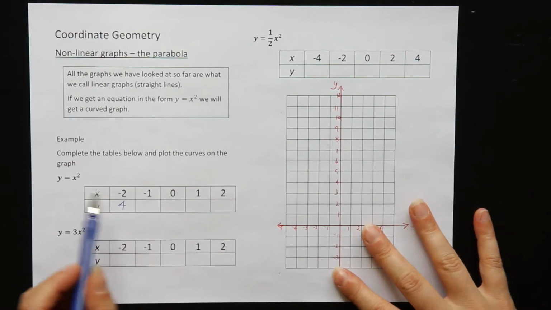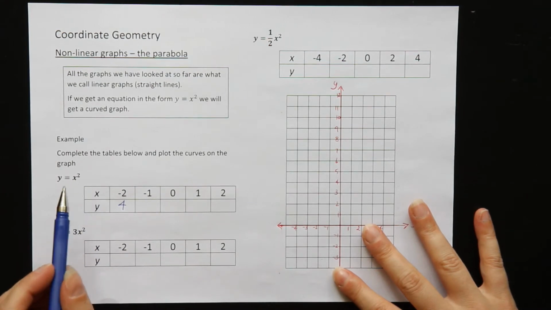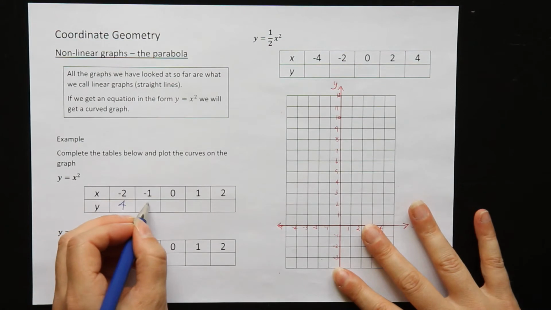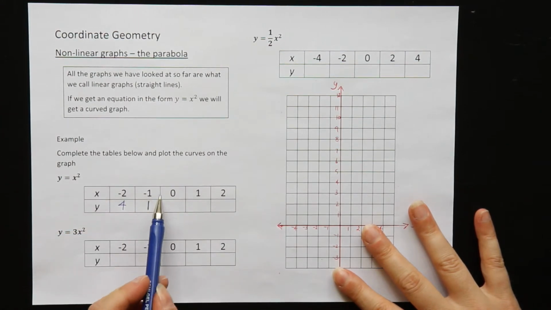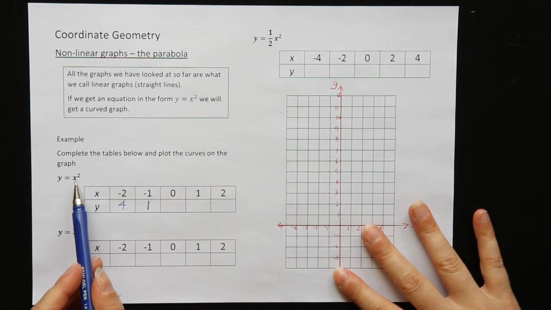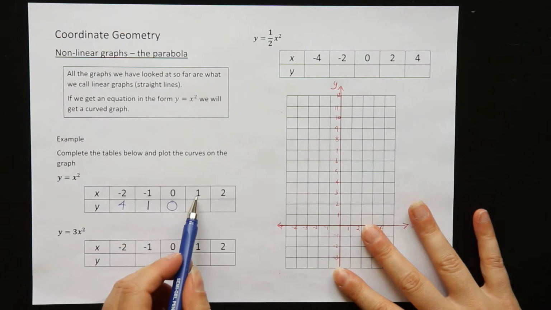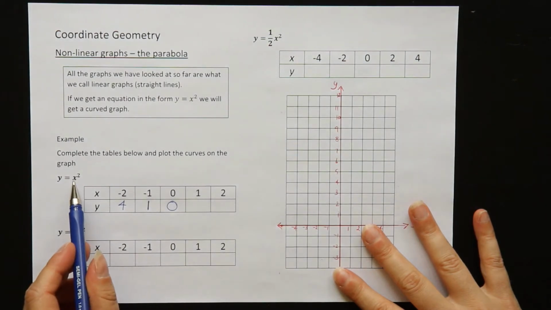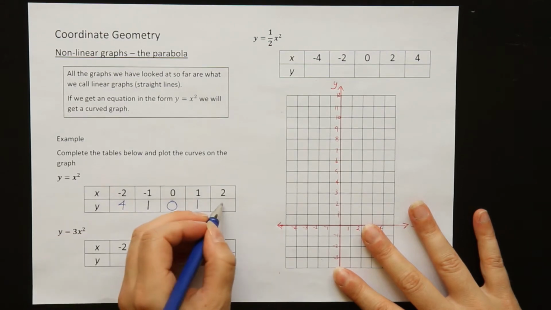Minus 1 squared, minus 1 times minus 1, gives me a positive 1. Minus and a minus makes a plus when you're multiplying. If I put 0 in there, 0 squared is still 0. Put 1 in, 1 squared or 1 times 1 is 1. And 2 times 2 is 4.